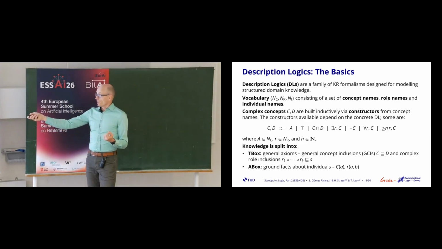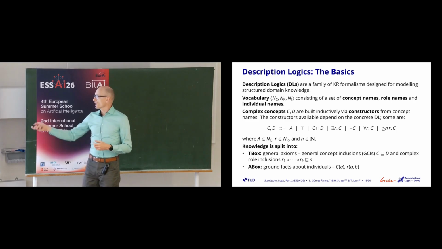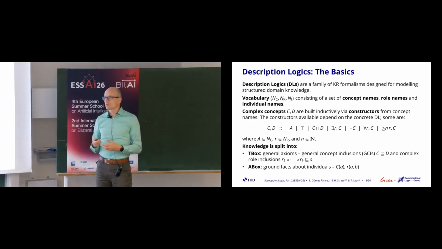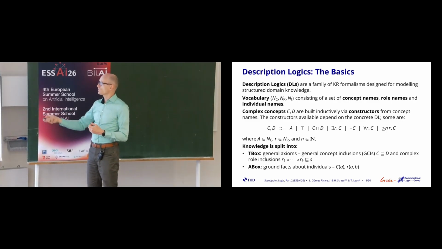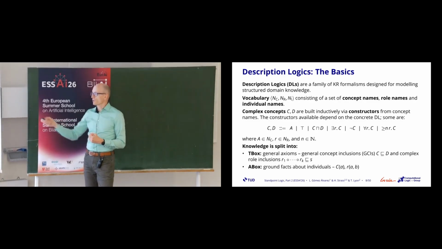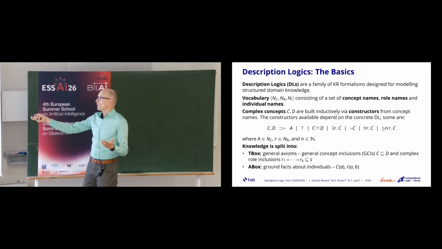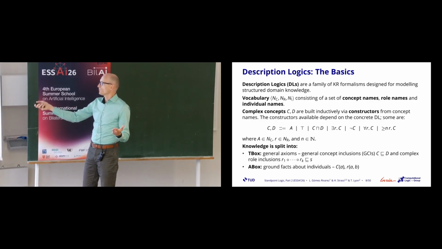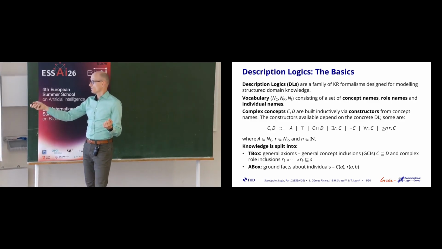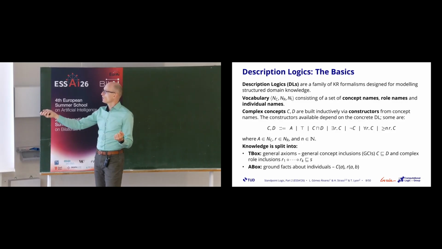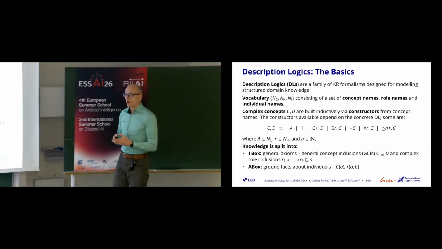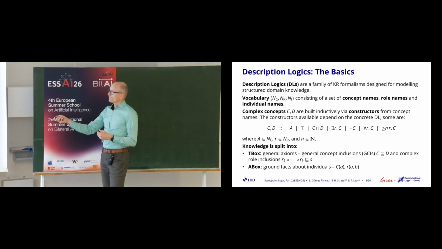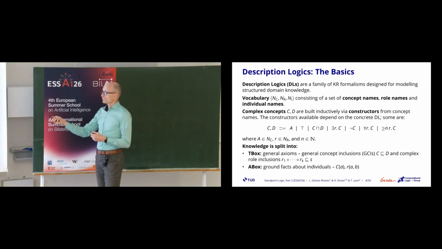You have this existential restriction expressing that an individual satisfying this must have an R successor that is a C. You sometimes have negation, so you can specify that property C must not be satisfied. You have universal restriction saying that all R successors must be C's.